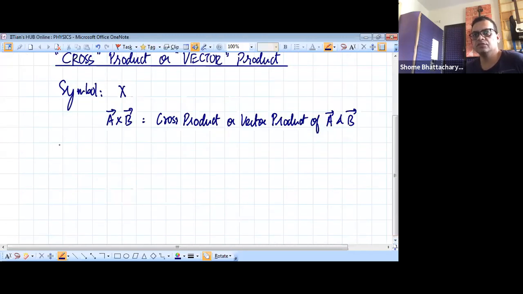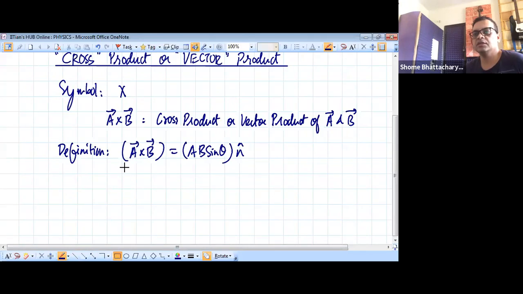The definition of this is that A cross B equals AB sine theta multiplied by a certain unit vector given by the symbol n cap.